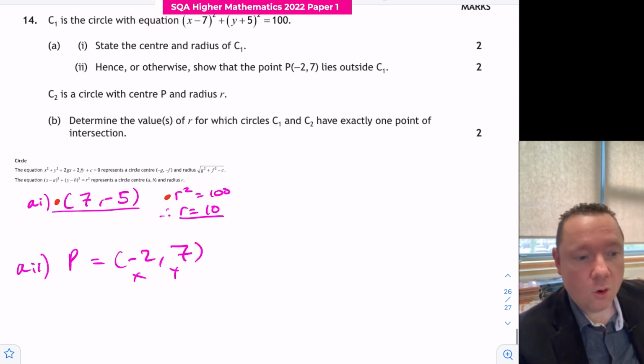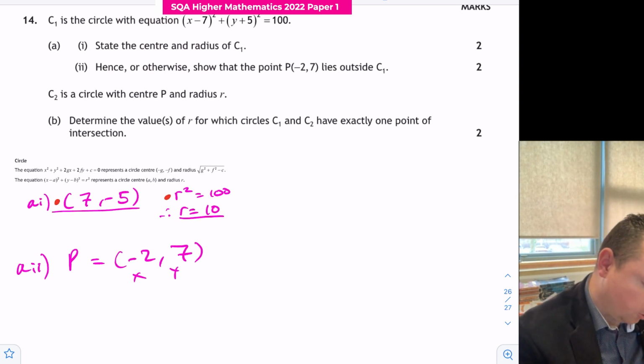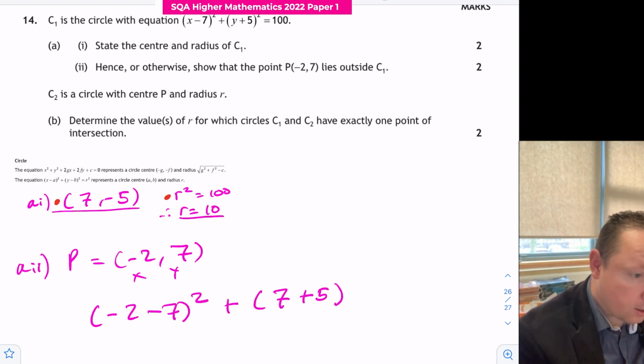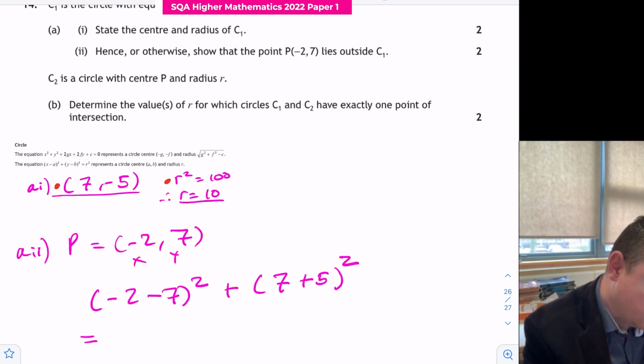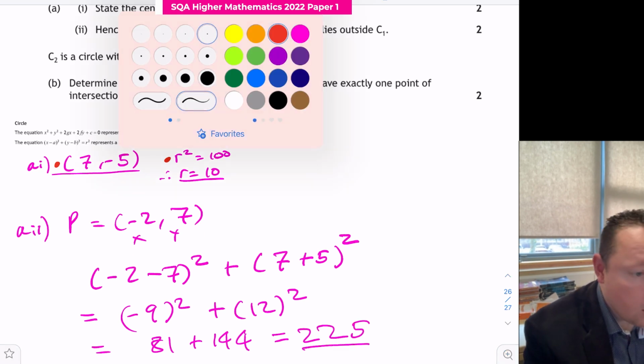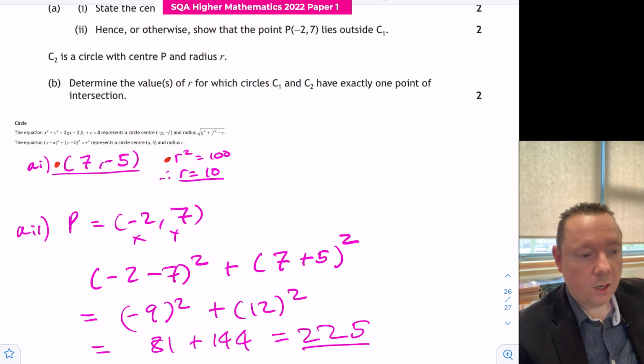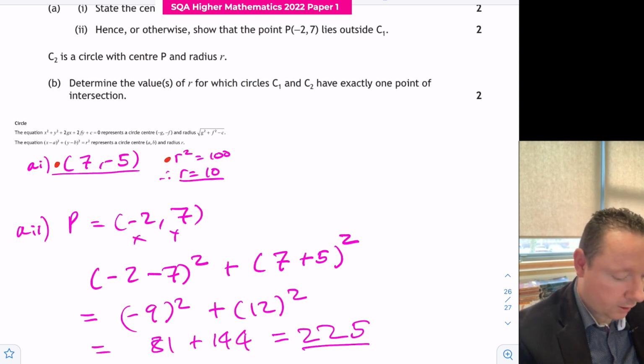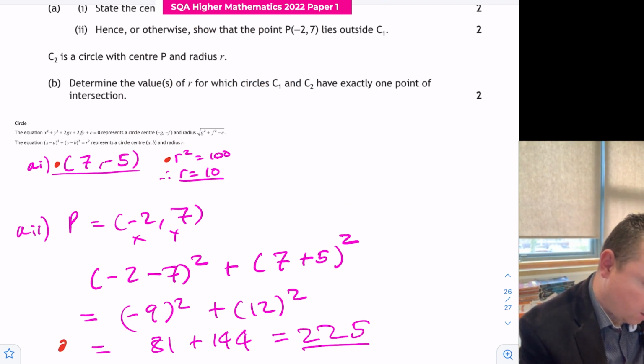So for 1 mark, substituting that in, (minus 2 take away 7) squared plus (7 plus 5) squared is minus 9 all squared, plus 12 all squared. That's 81 plus 144, which equals 225. So that's our third mark, or the first mark of part 2, for substituting in and working out to equals 225.